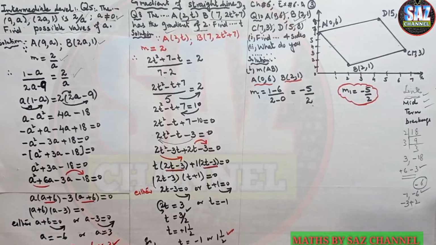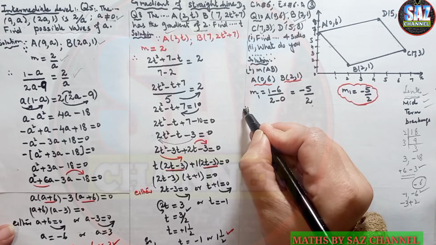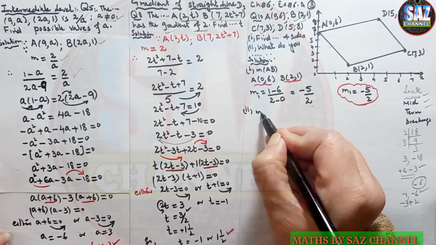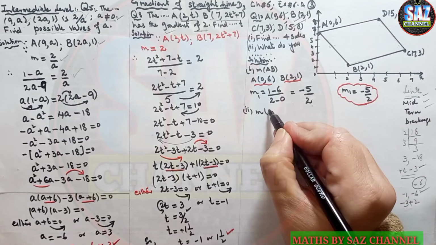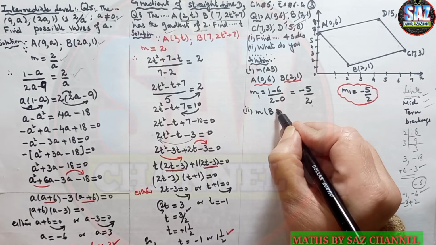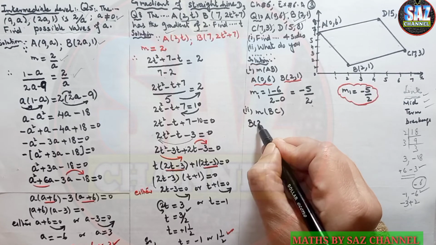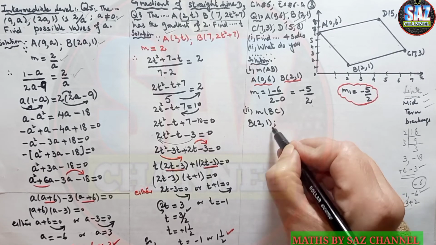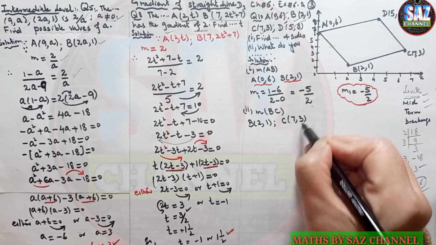Now the gradient of BC. Try to go in order so that you do not skip any part of the question. B has the coordinates (2, 1), and C has the coordinates (7, 3).